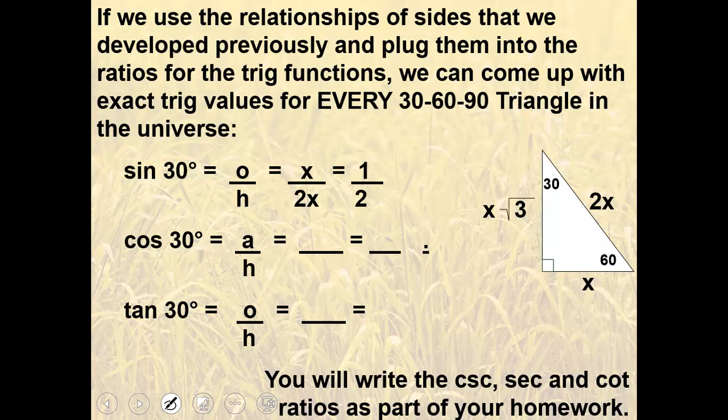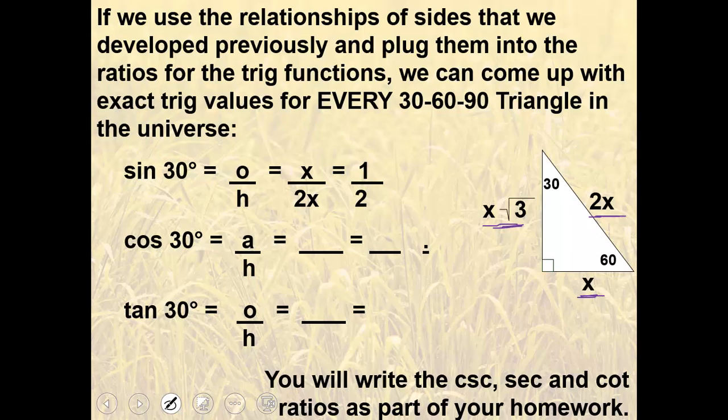All right. The cool thing about 30, 60, 90s, and we'll see this for 45, 45, 90s, is that if we plug in this general relationship between sides, not actual numbers, but algebraic expressions, what happens is that we can get exact trig values for every 30-degree angle in the universe, for every 60-degree angle in the universe.